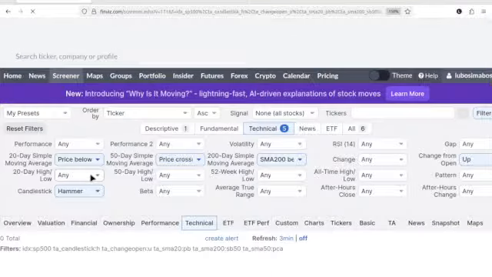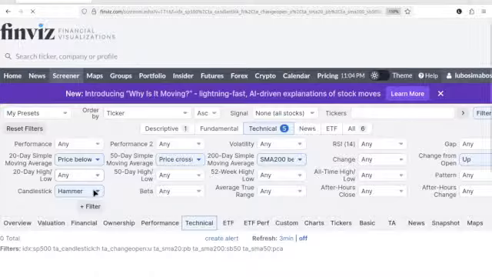Failed. So today we don't have anything on the hammer. Let's check the inverted hammer.